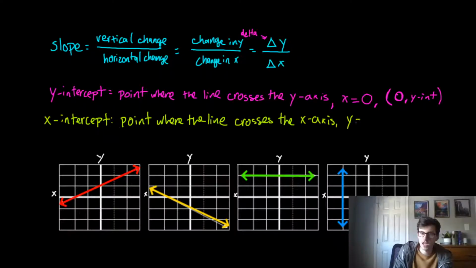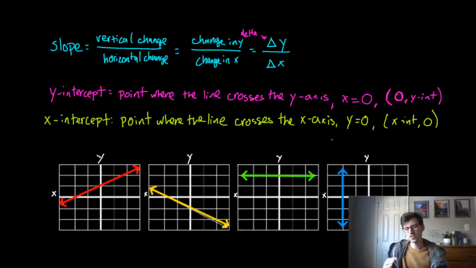It's where y equals 0, and so that point is generally seen as the x-intercept, comma 0. So those are some definitions that will be helpful for you going forward.